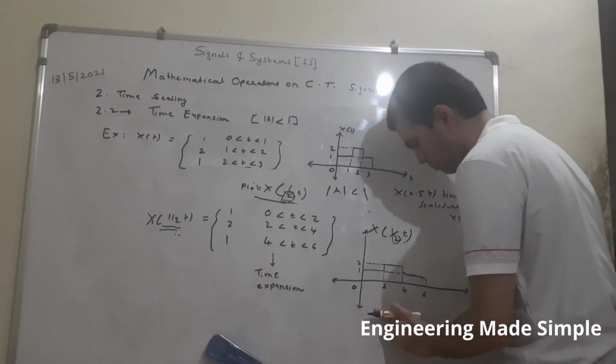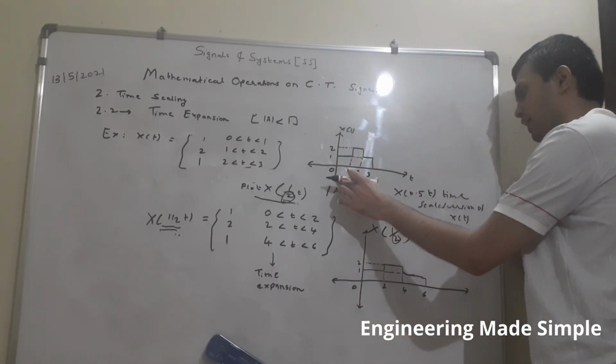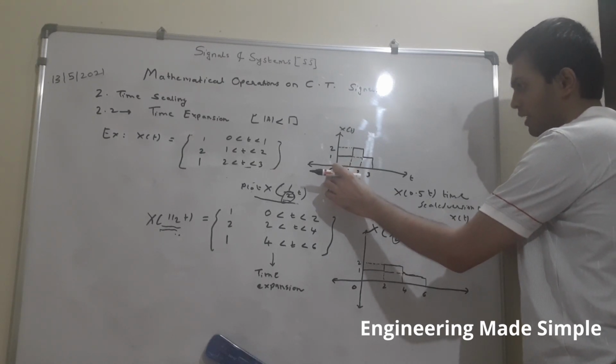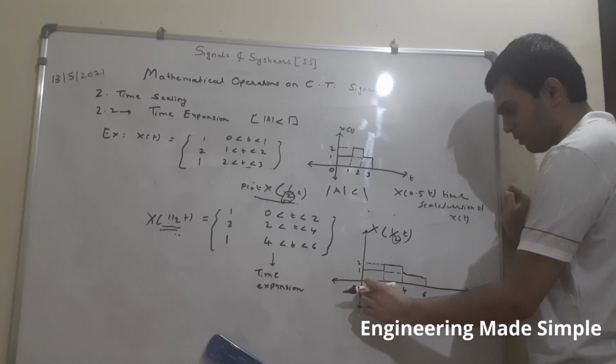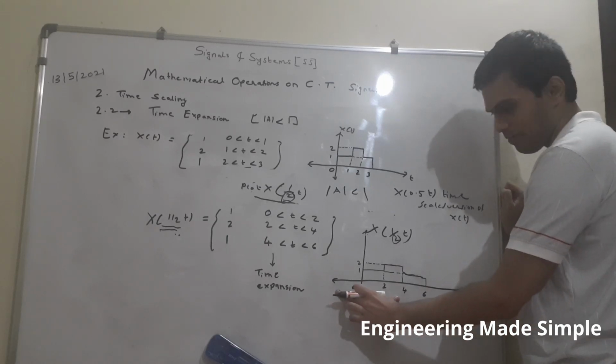Now from observing the difference only we will come to know. Now this is the original signal x of t. Whatever amplitude value was there in between 0 to 1, now the same amplitude value is present in between the time intervals 0 to 2. So in that way we have expanded or stretched the time axis.